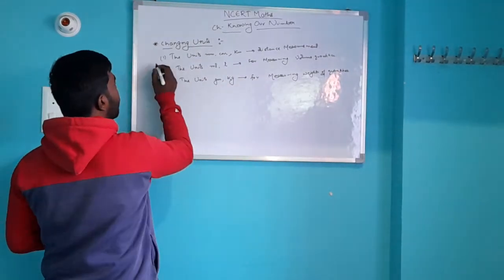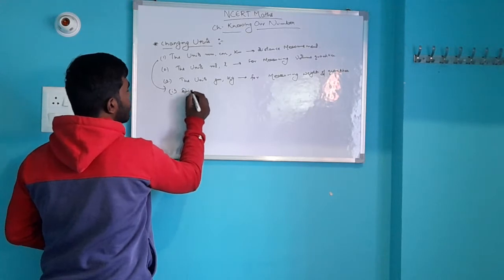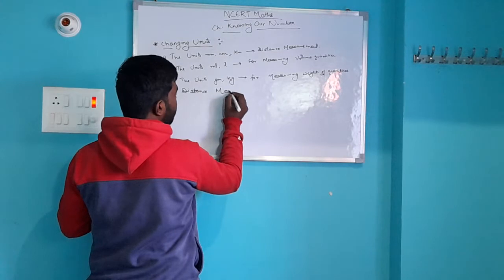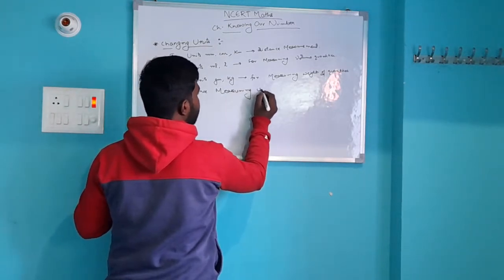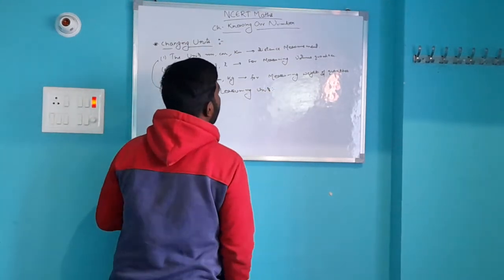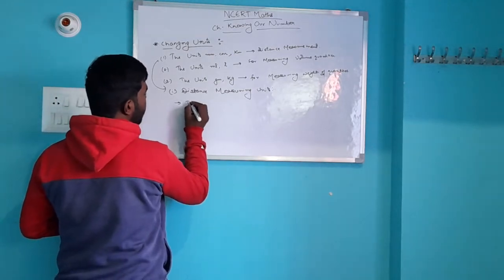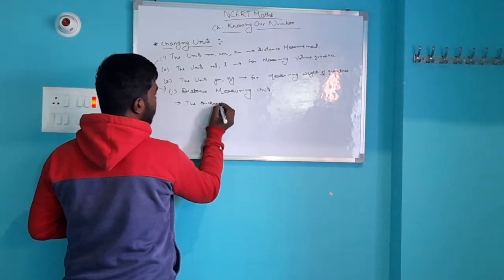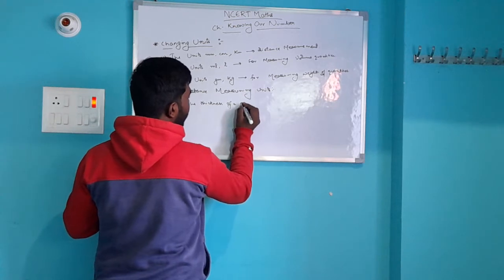Firstly, we see our first term, which is distance measuring units. When we need to find the thickness of a pencil, I am taking an example of a pencil.